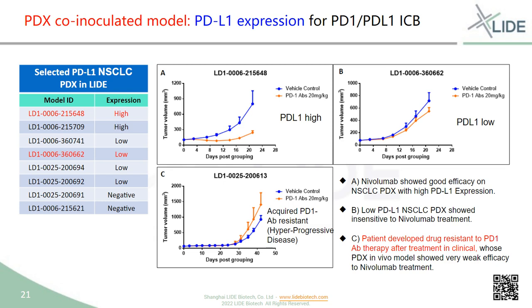And most importantly, our humanized PDX model phenotypically copied clinical anti-PD1 therapy resistant patients. You will see after the PD1 treatment in the humanized mouse model, those cancers grow much quicker than the control group. In the clinic, it's more like hyperprogressive disease.